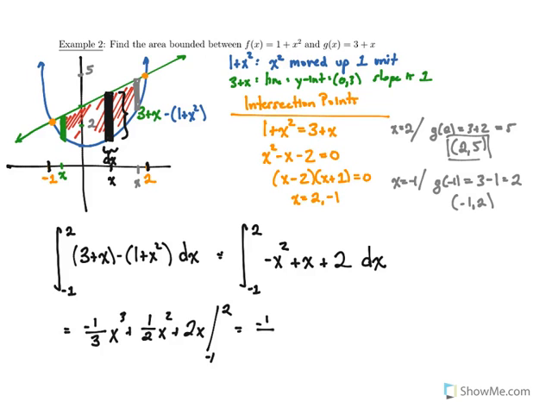And we can find this by plugging in the 2, and subtracting off plugging in the negative 1.